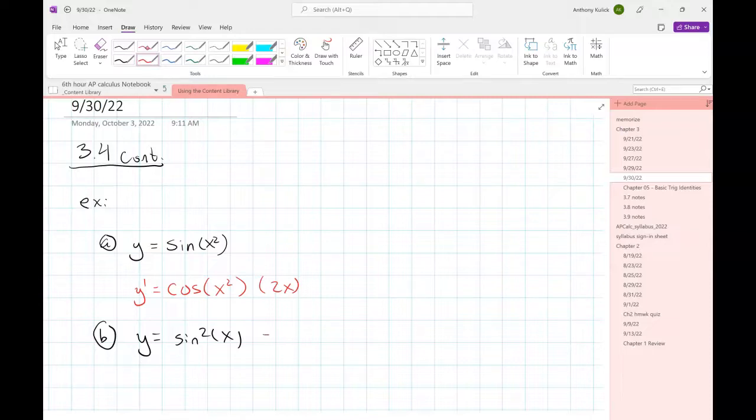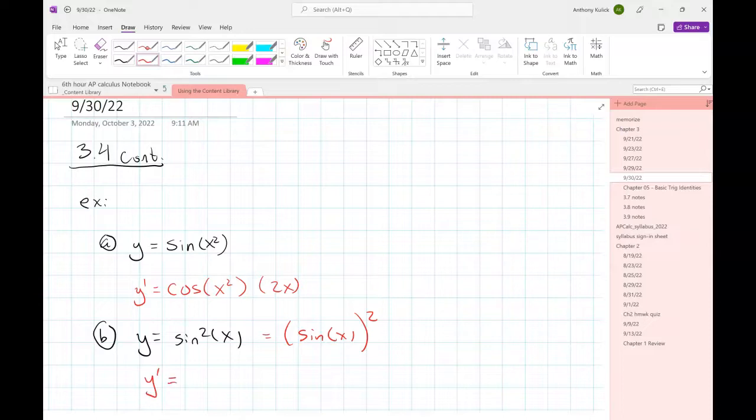Remember that sine squared of x really means sine x times sine x. The outer function is the x squared. The inner function is sine. You guys see that now? Little tricky, but once you've seen the trick, it's like, okay, I can handle that.